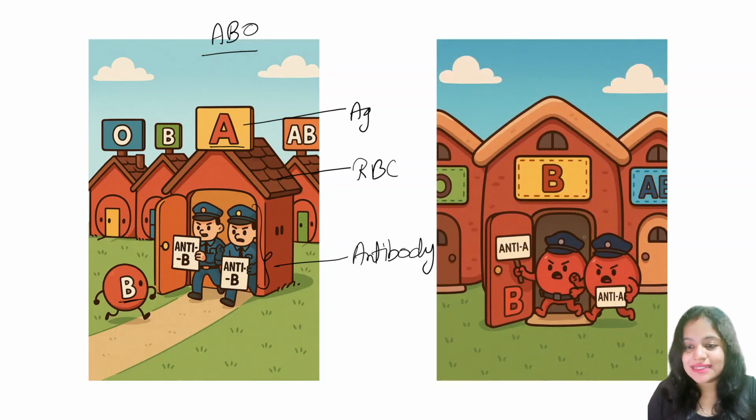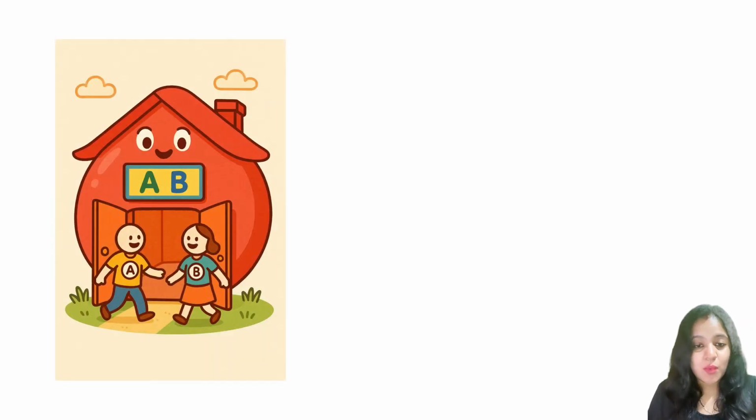Now let's see the house with the B nameplate. They will have what? Anti-A antibody. Okay, because who is the stranger for this house? Somebody from house A. Clear? So anti-A antibody. Okay. Now let's move forward. Now what about this house?